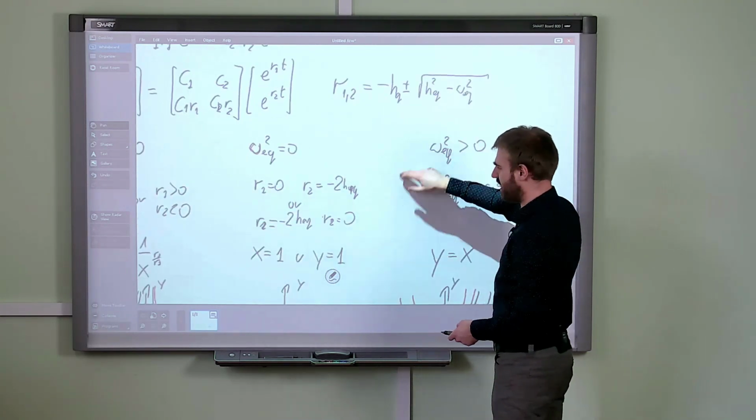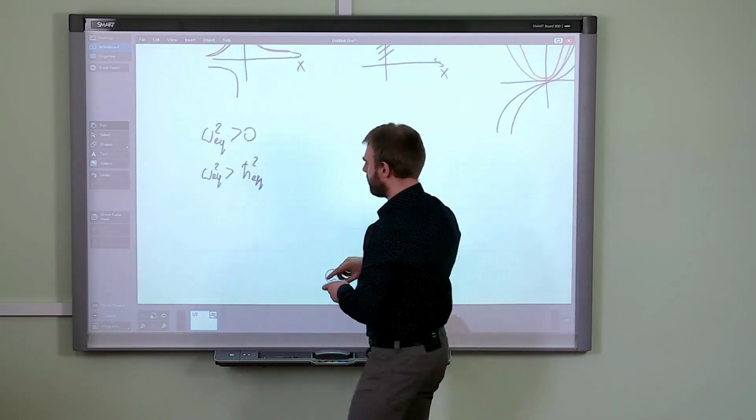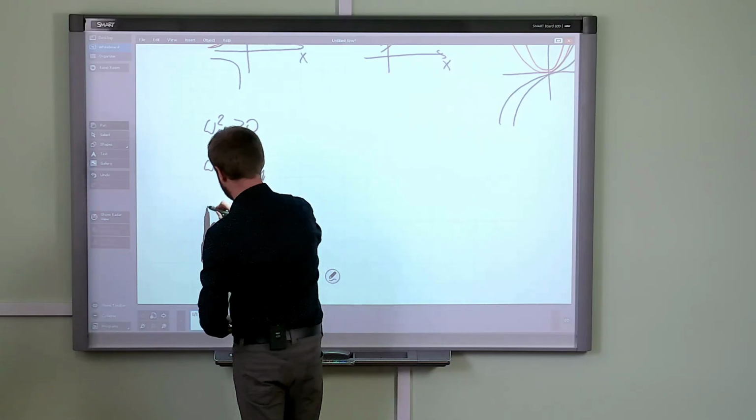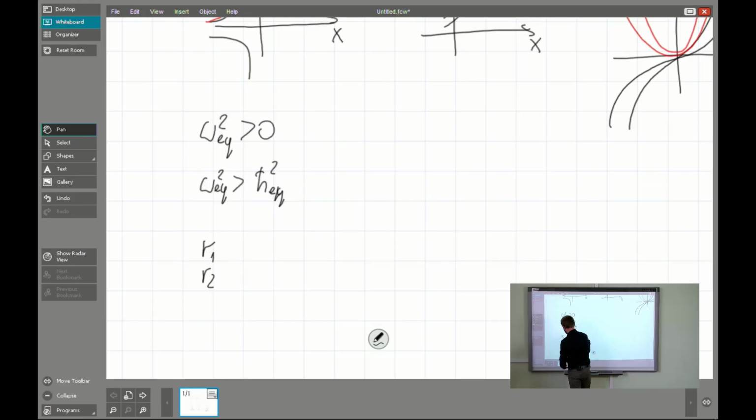It means we will have complex numbers as R1 and R2.